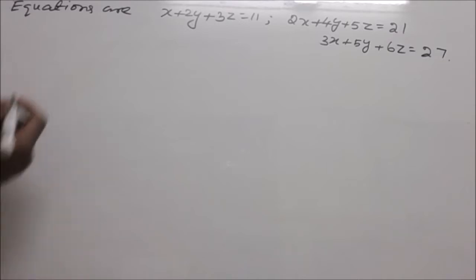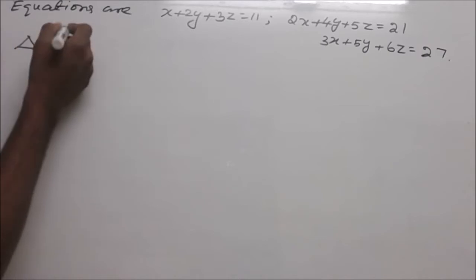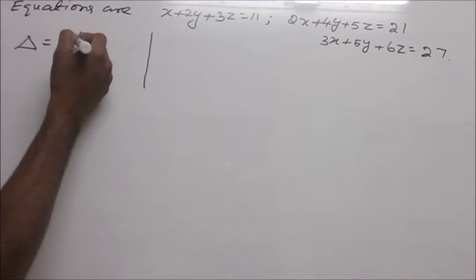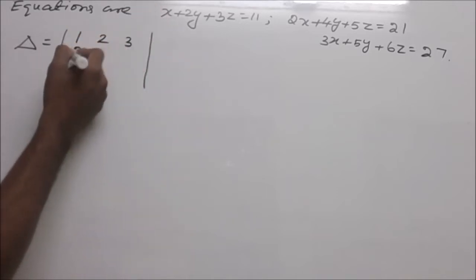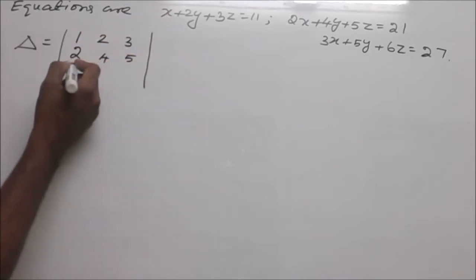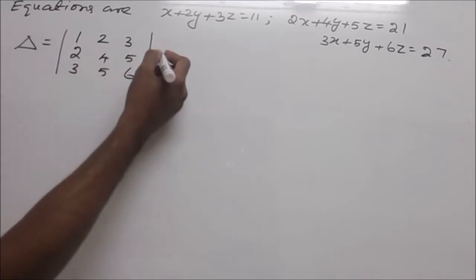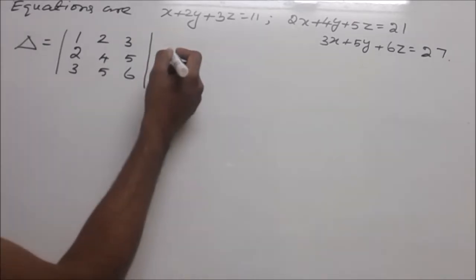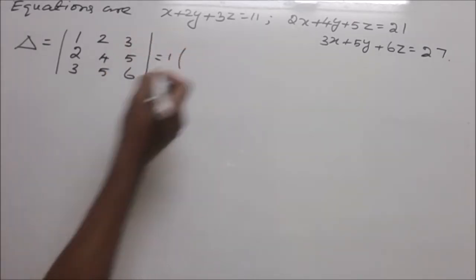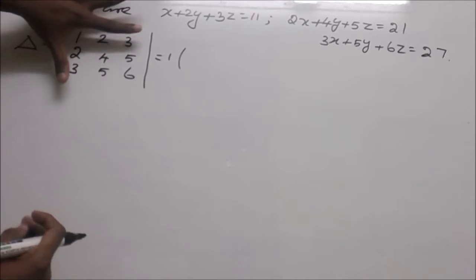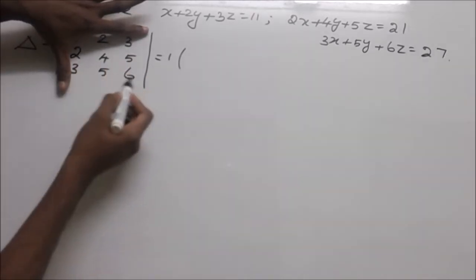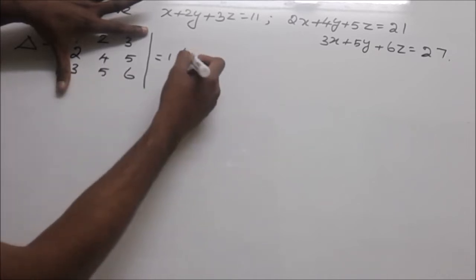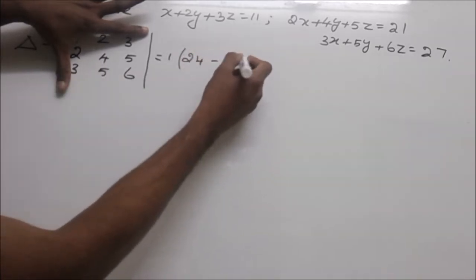So delta is nothing but the determinant of the coefficient matrix 1, 2, 3, 2, 4, 5, 3, 5, 6. Find the value of the determinant. 1 into, eliminating the first row and first column, calculating the minor value of these 4 elements, 24 minus 25.